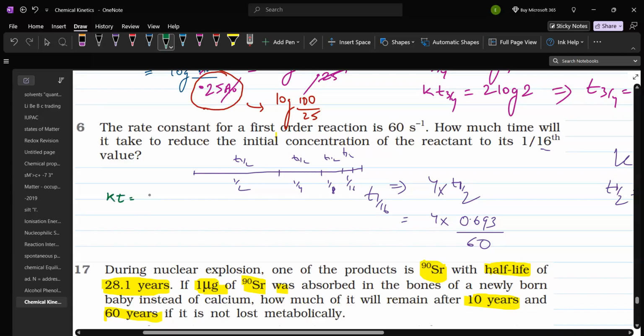KT is equal to log of A upon A naught. So here will be A and A naught. What is remaining? We have only 1/16th of A remaining. So tell me, are you understanding this step?